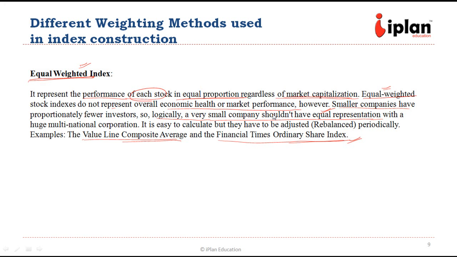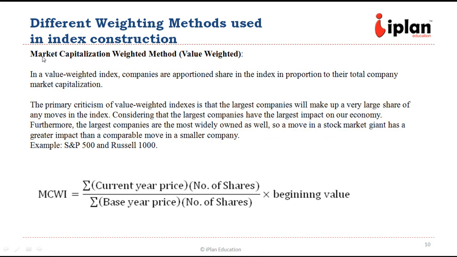Let us look at another method, which is the market capitalization weight method, or value weighted average. This is one of the most commonly used methods, in which companies are apportioned according to their market capitalization. So the company with higher market valuation or capitalization is going to have a higher impact on the index, and the company with lower market capitalization is going to have a lower impact.